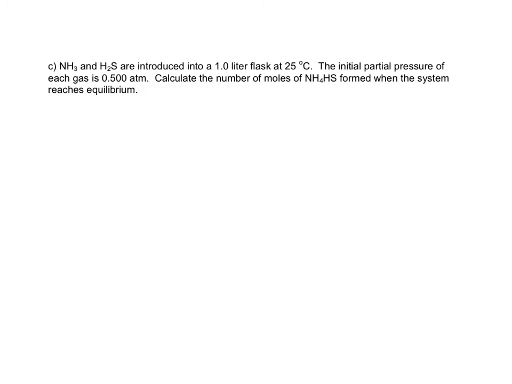So let's start by writing this reaction. So I have NH3 and H2S yielding NH4HS. I know that initially I have 0.5 atm.